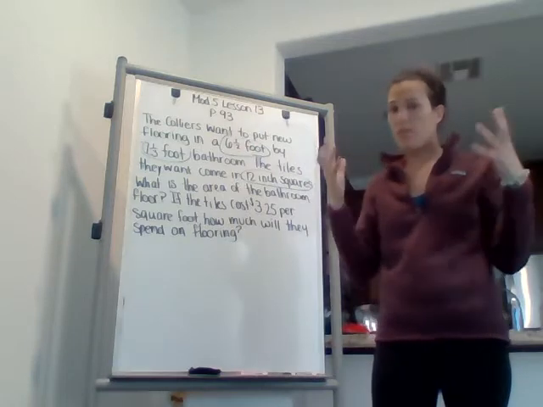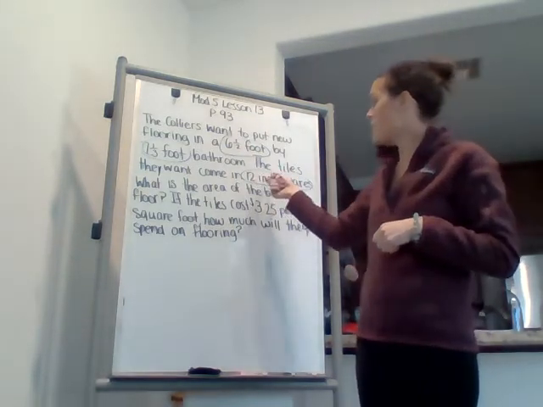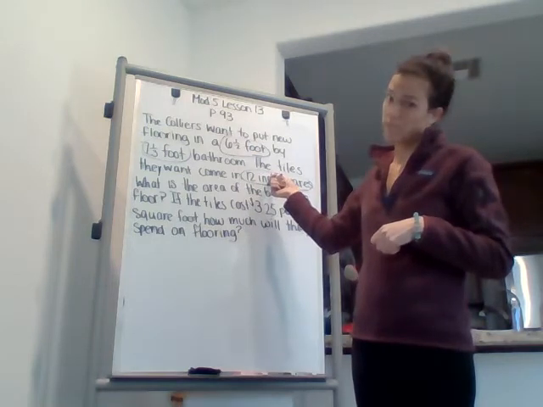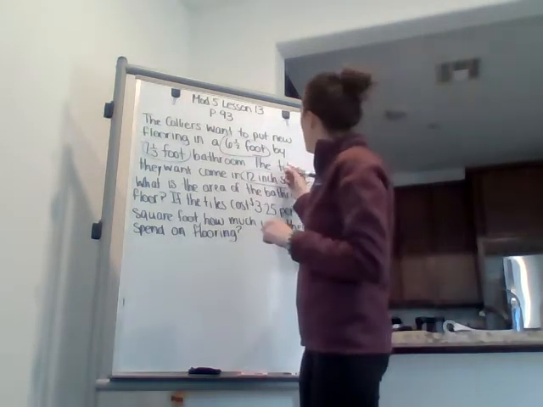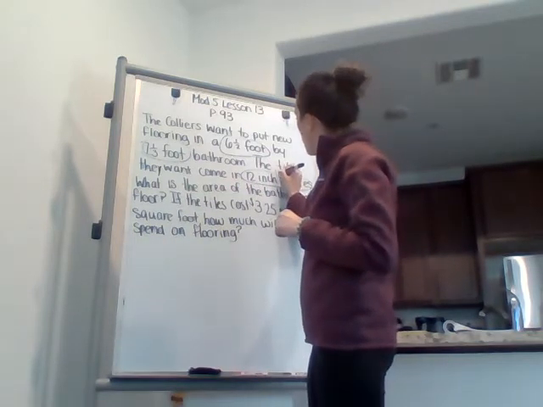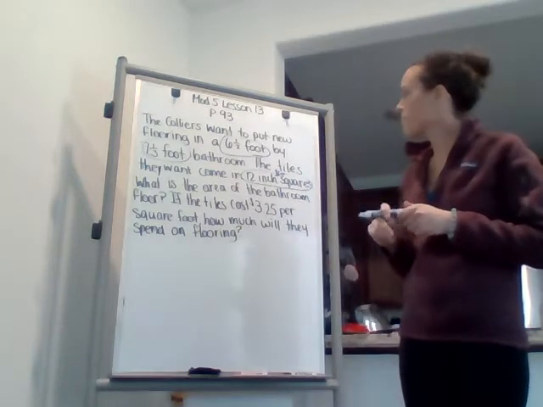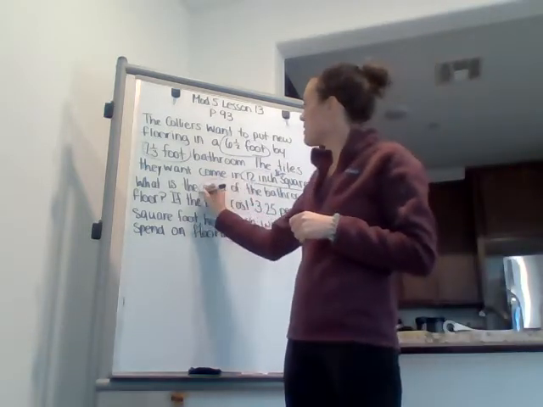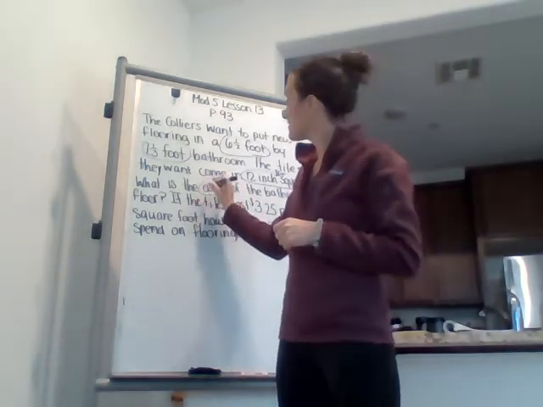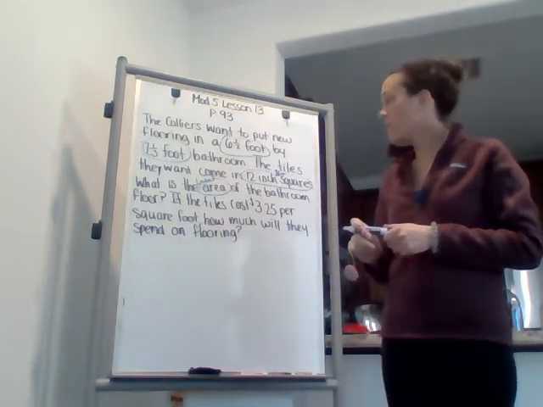I'm going to try to think of a way that I can keep my units the same. And I know that 12 inches equals 1 foot. So the tiles they want come in 1 foot squares. What is the area? We know area means length times width of the bathroom floor.